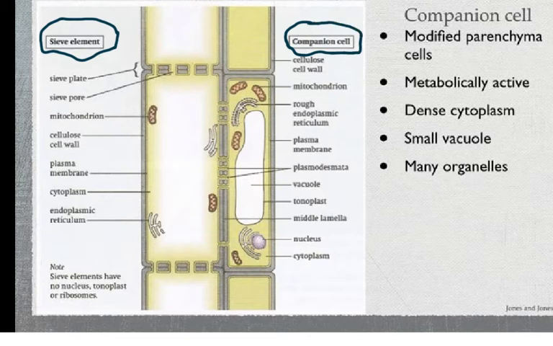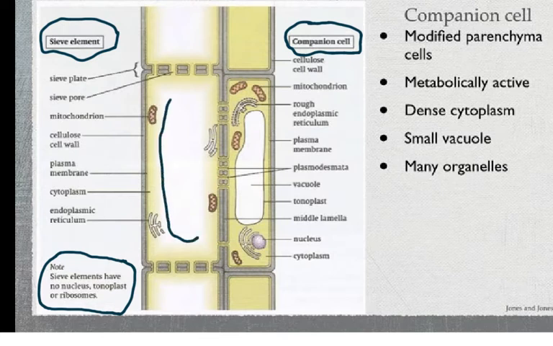Now the important thing you've got to understand is this. Sieve elements have no nucleus, no tonoplast. Tonoplast, please remember, is the vacuole membrane. There is no nucleus, no tonoplast, and no ribosomes.